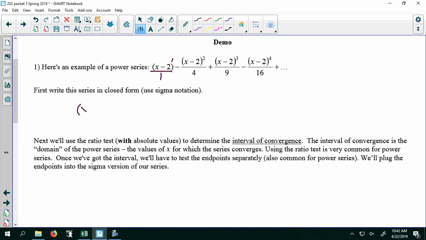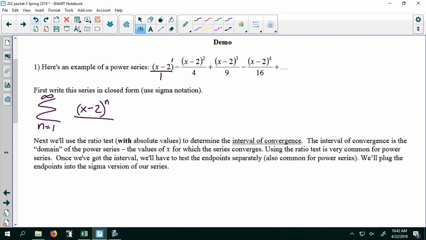So I'm going to start with x minus 2 to the power of n, because the first term's the first power, the second term's the second power, the third term's the third power. So my sum is going to start with n equals 1 and go to infinity. And every single term has an x minus 2 to the nth power. The first, and then the second, and then the third.